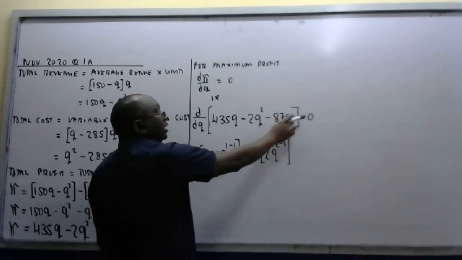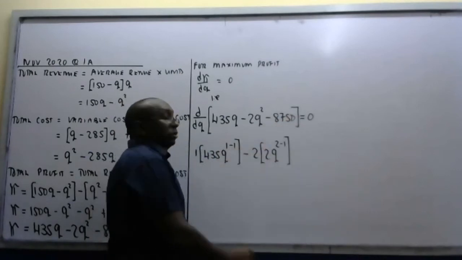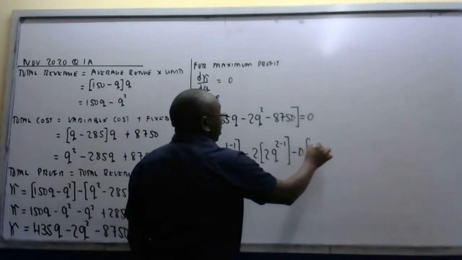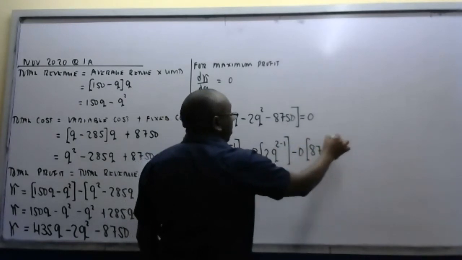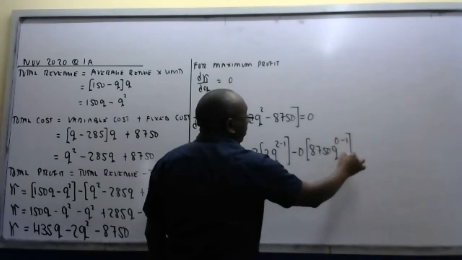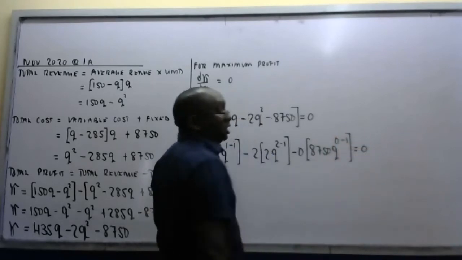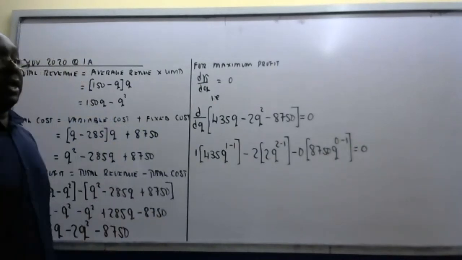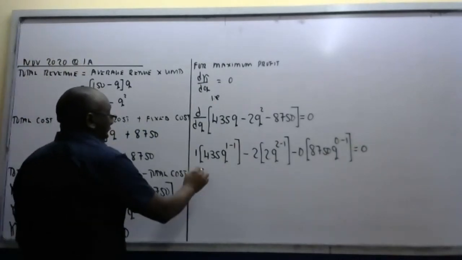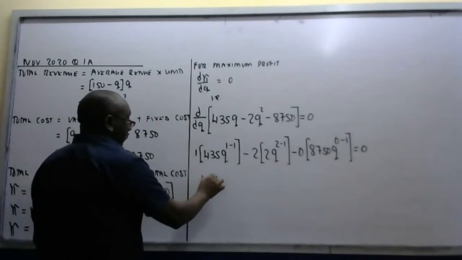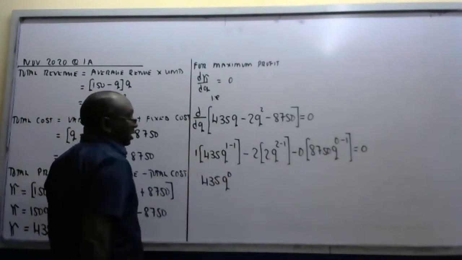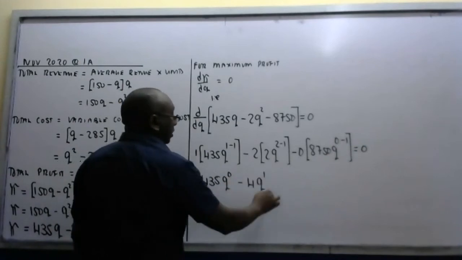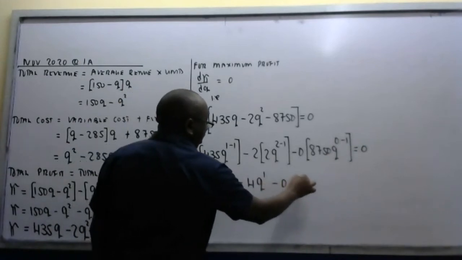This one has Q raised to power 0, so you take 0, then you say 8750Q, 0 minus 1. It should take you to 0. So when it takes you to 0, you are left with 435Q raised to power 0 minus 4Q raised to power 1 minus 0, that becomes 0.